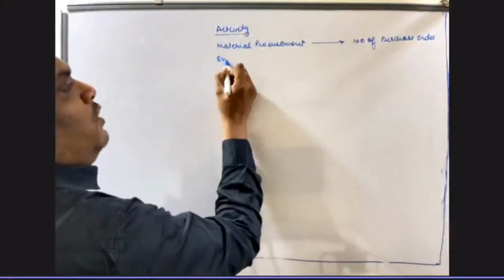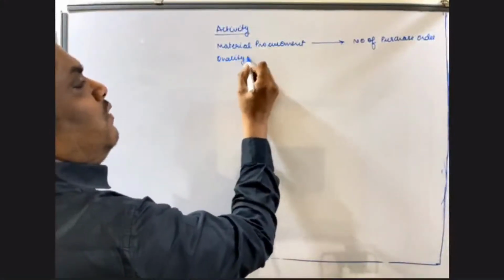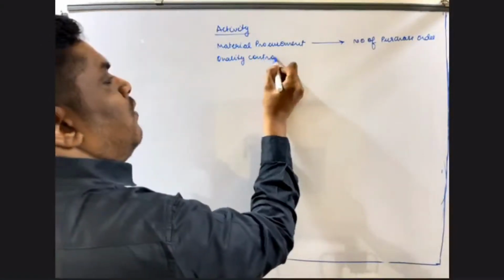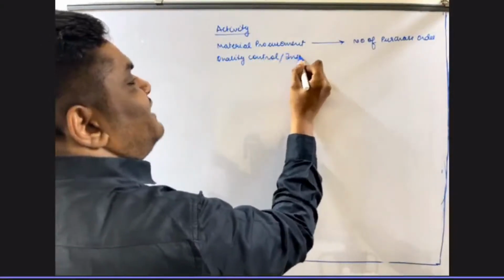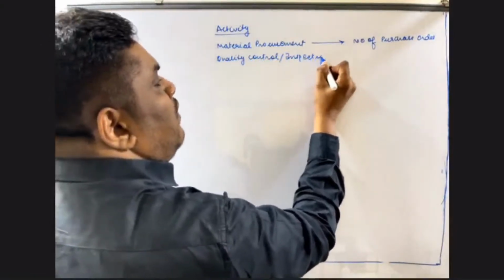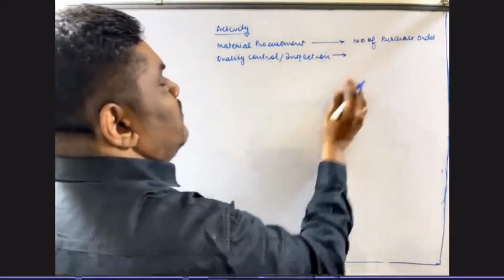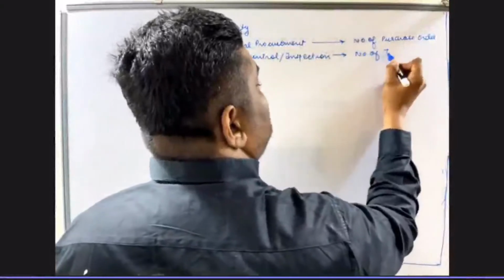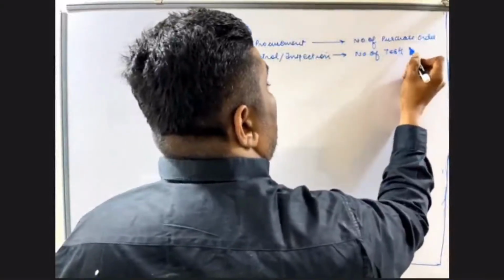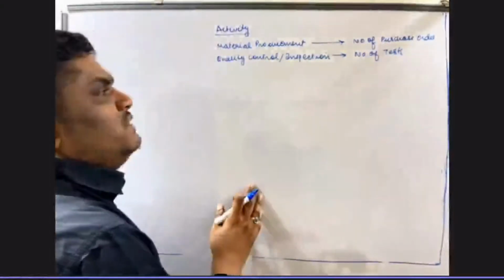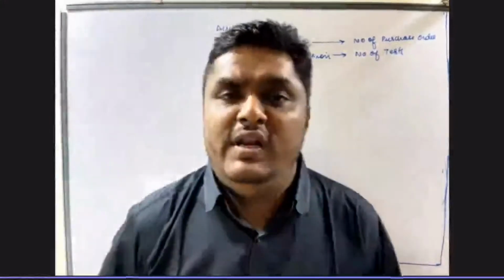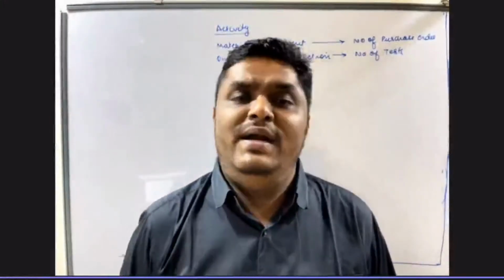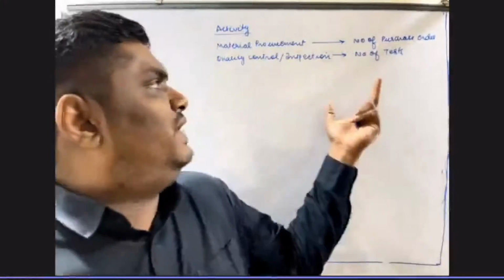Further, when talking about quality control or inspection activity, it can be absorbed on the basis of number of tests, or again on the basis of number of purchase orders. If the number of tests is given, then better to absorb on the basis of number of tests.